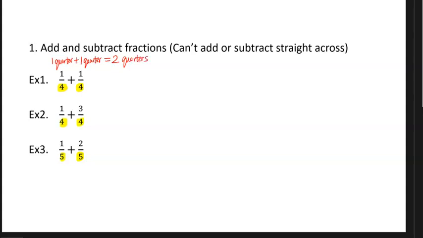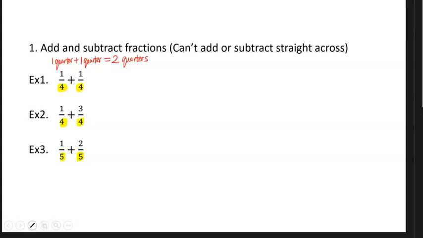Notice that the 2 comes from adding the numerators, the top numbers, 1 to 1. So this one and that one, they are added. The reason why we call it the numerator is because it tells us the number of coins we have.